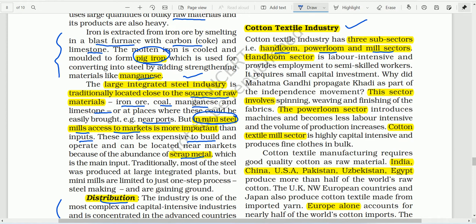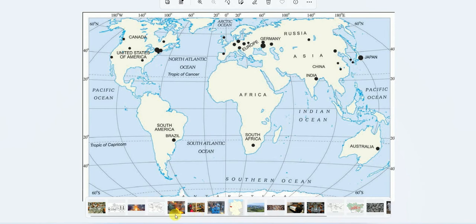So the handloom sector is labor intensive and provides employment to semi-skilled workers. It requires a small capital investment. Handloom, I think here in Manipur also it is there.